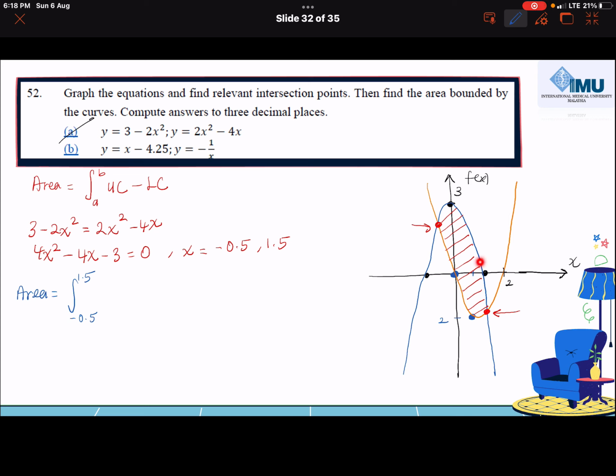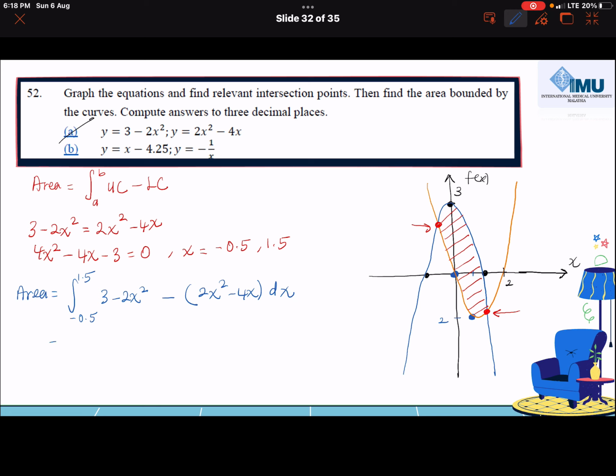Now, what will be the upper curve? The upper curve will be the blue color. Yes, the blue color region implies your y1 just now, which is 3 minus 2x squared. So upper curve minus lower curve. The lower curve will be your orange curve, which implies the y2, 2x squared minus 4x.